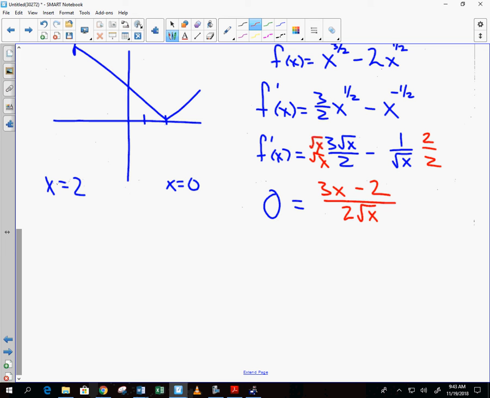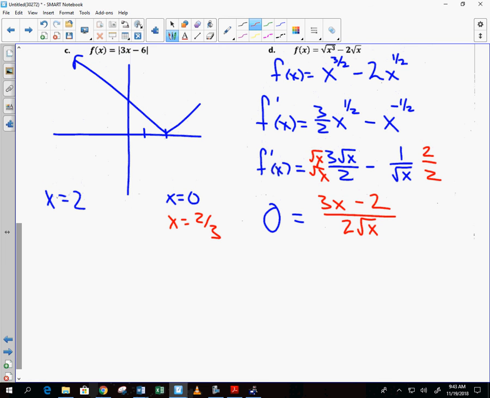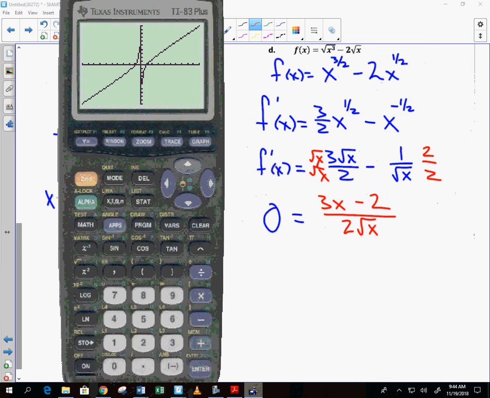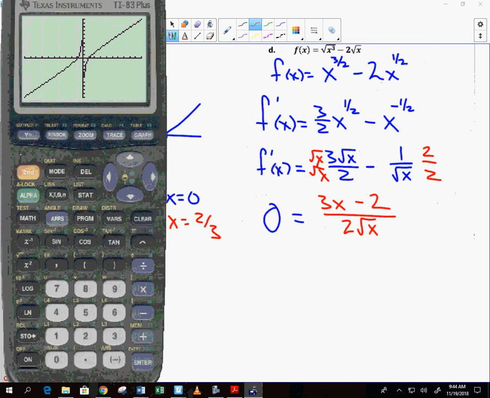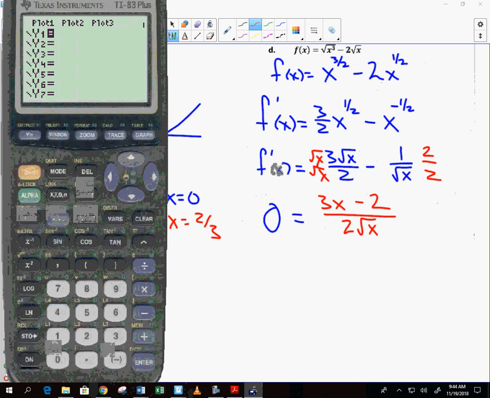What produces 0 in the denominator? 0. What produces 0 in the numerator? 2/3. And again, these are kind of challenging to think about. It's telling me that I either can't take the derivative at 0 or I get a derivative of 0, and same thing at 2/3. And so to try to confirm my answer, I'm going to look at the graph.